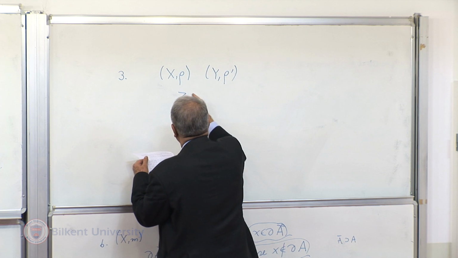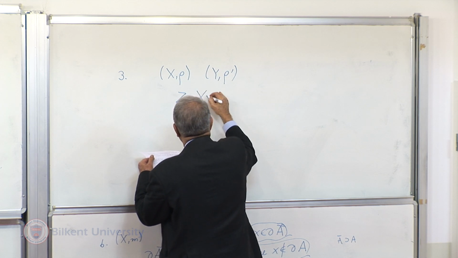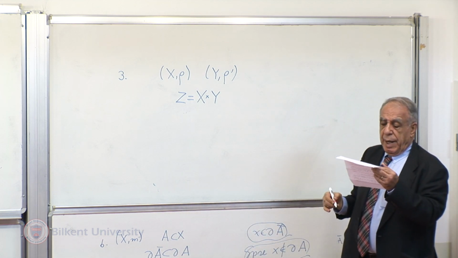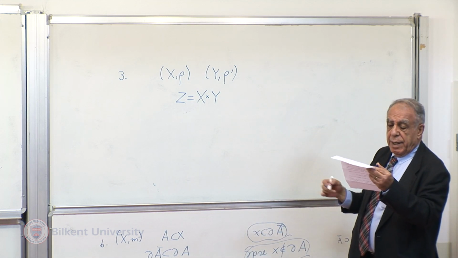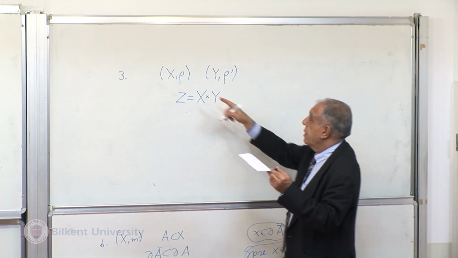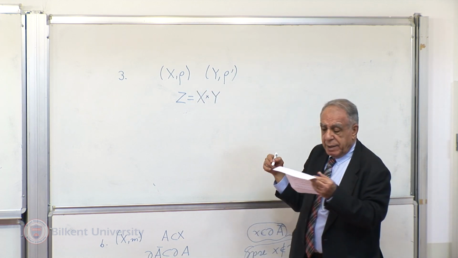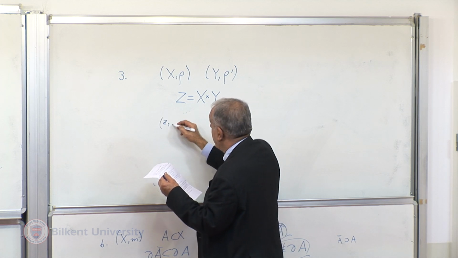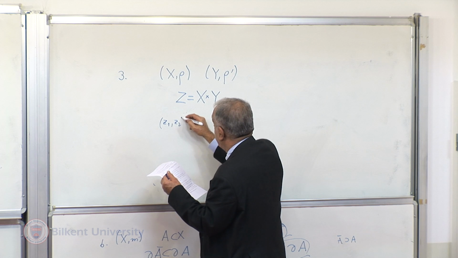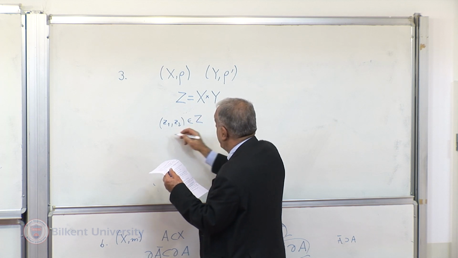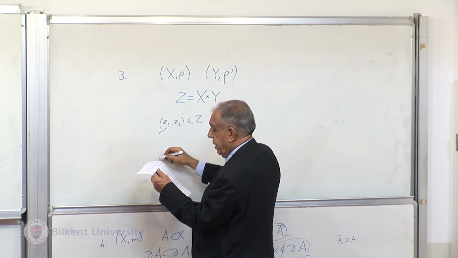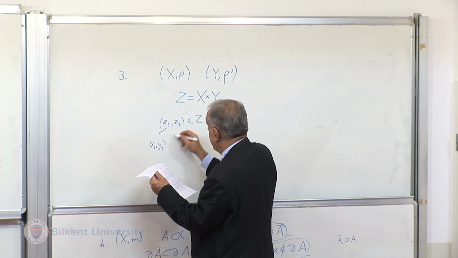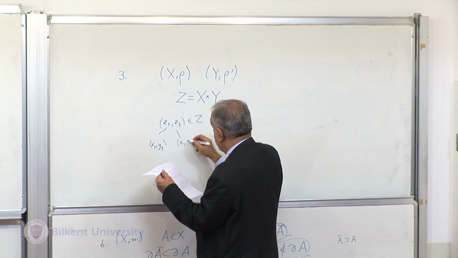Then you take the Cartesian product of them and you define a new metric using these as the building blocks. You define for any Z1, Z2 in capital Z. Now Z1 will be (X1, Y1) and Z2 will be (X2, Y2).